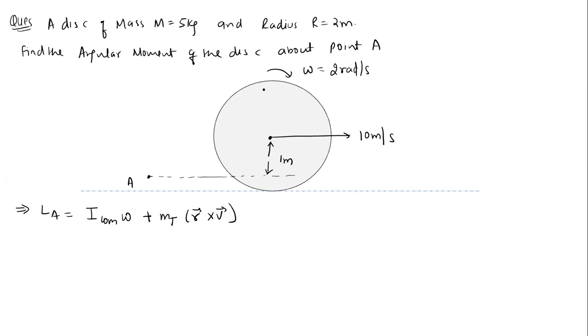It should be kg meter square per second. Anyone else got the answer for this? 70.